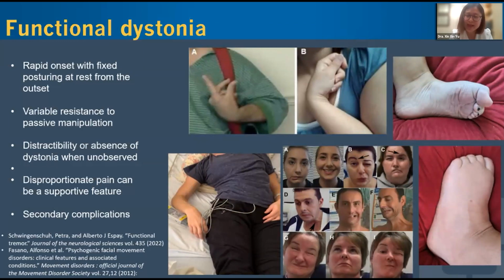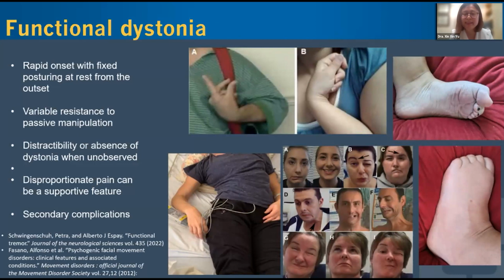Some have argued that the fixed dystonia with CRPS1 may be an organic form of dystonia, and you also have others who argue otherwise, as they saw identical electrophysiologic features in the fixed dystonia with other cases of confirmed functional dystonia. So there is a controversy in that area.